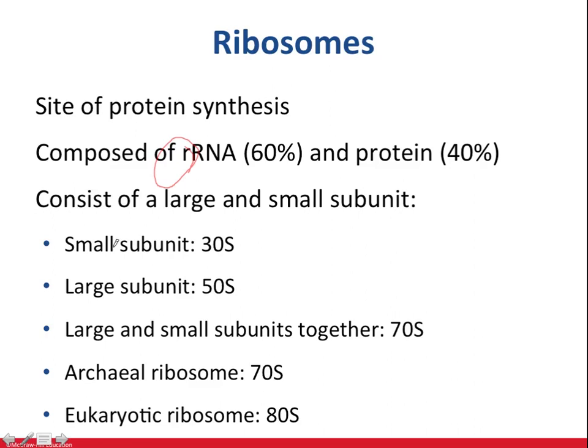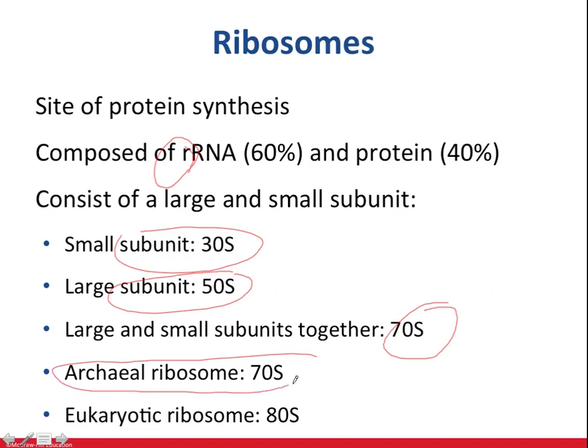The ribosome has two subunits. The small subunit is 30S, the large subunit is 50S. The large and small subunits can combine together. Actually, it's not 80S, it's 70S for prokaryotes, so their ribosomes are 70S.